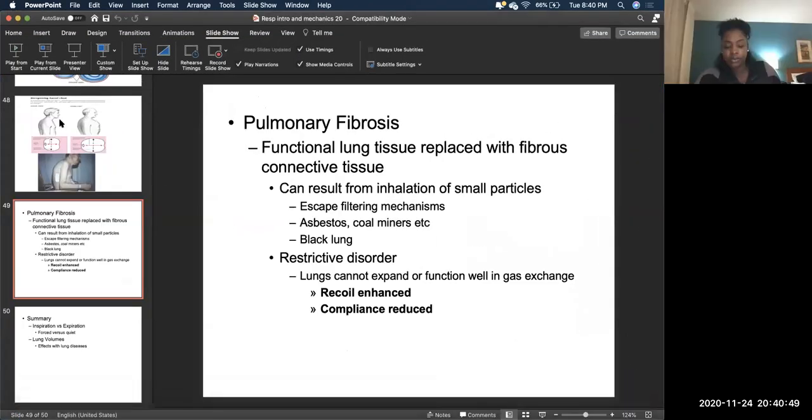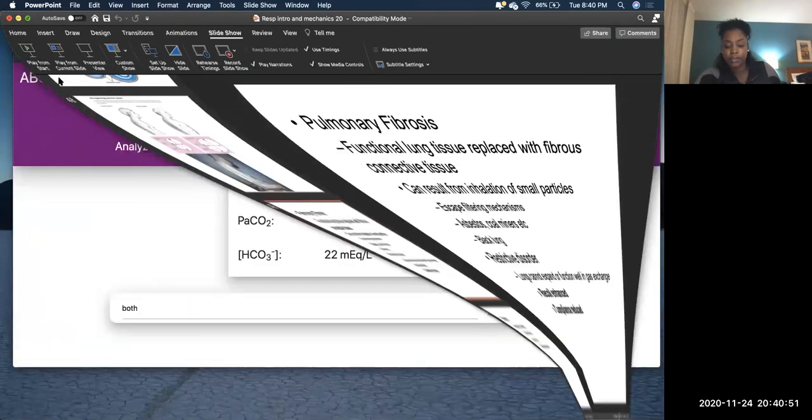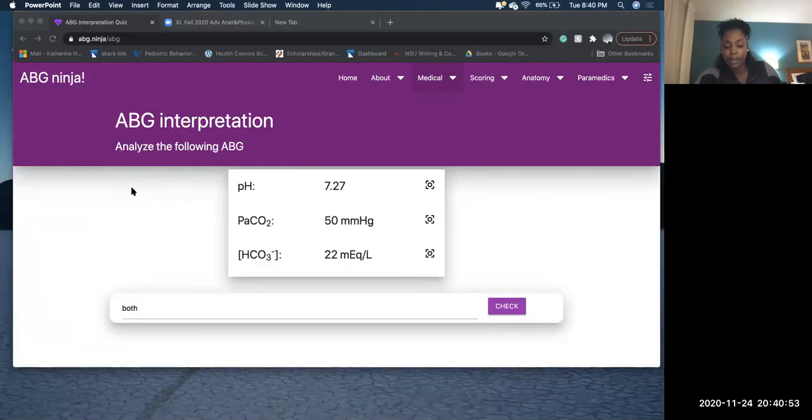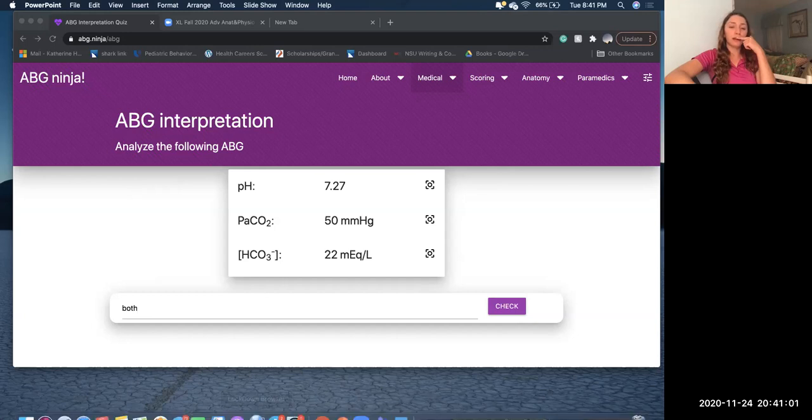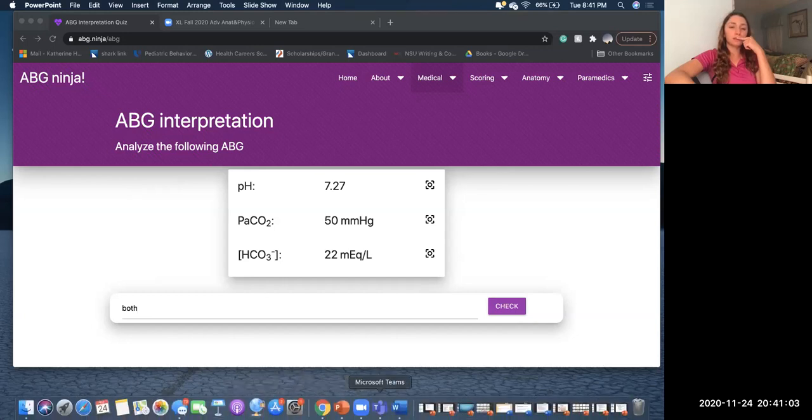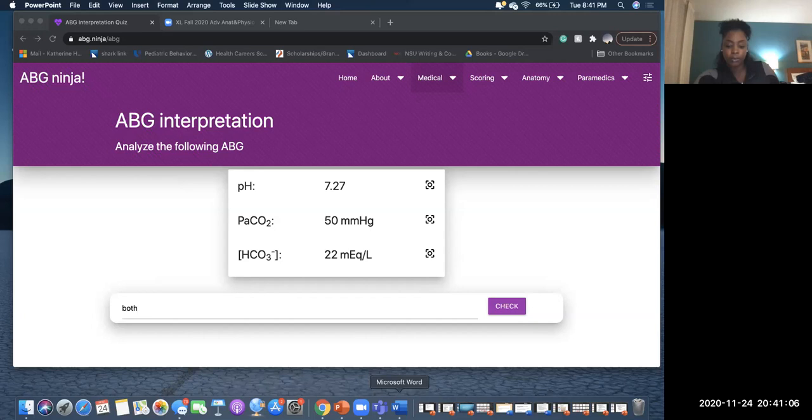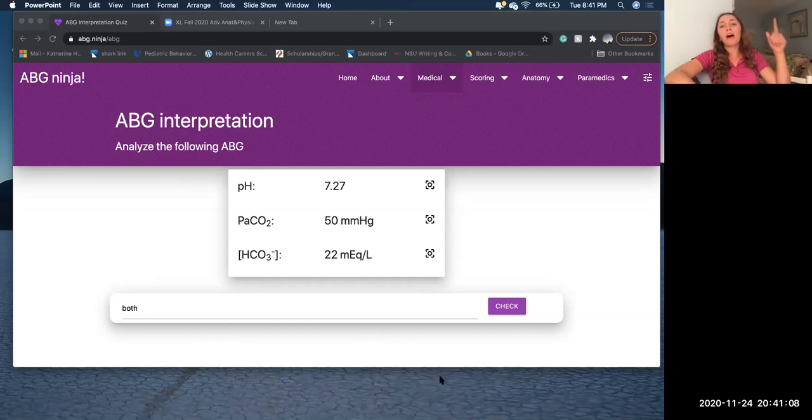On slide 62, it says excessive ketone body production. And then metabolic alkalosis is too much bicarb. You just said alkalosis, you mean acidosis? Alkalosis is when the pH is above 7.4. This one's below, it's 7.27.